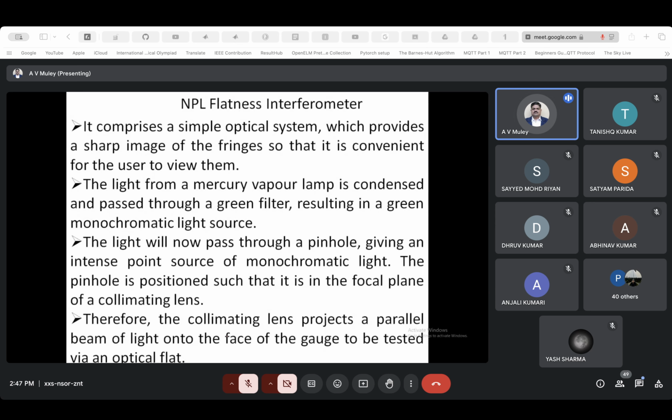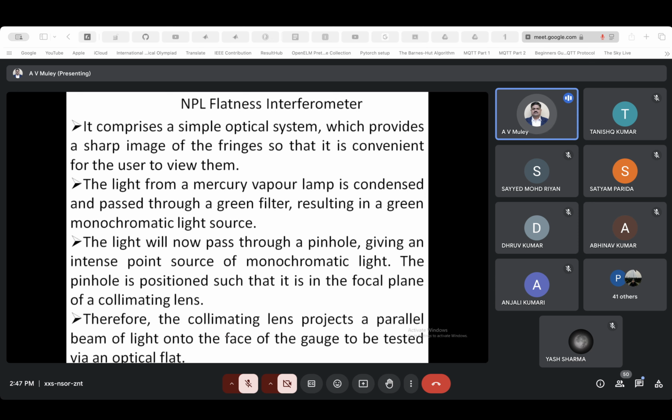सो NPL फ्लैटनेस इंटरफेरोमीटर, it comprises a simple optical system which provides a sharp image of the fringes so that it is convenient for the user to view them. Light from a mercury vapor lamp is condensed and passed through a green filter, resulting in a green monochromatic light source. The light will now pass through a pinhole, giving an intense point source of monochromatic light.